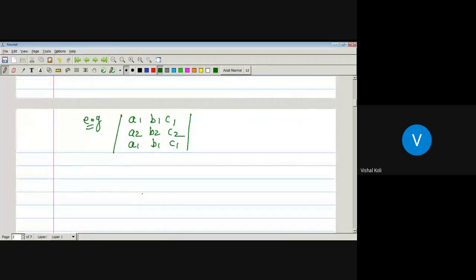Let us check. It is equal to a1 into b2 c1 minus of c2 b1, minus of b1 into a2 c1 minus of a1 c2, plus c1 into a2 b1 minus of b2 a1.